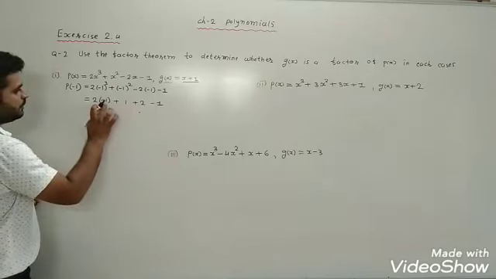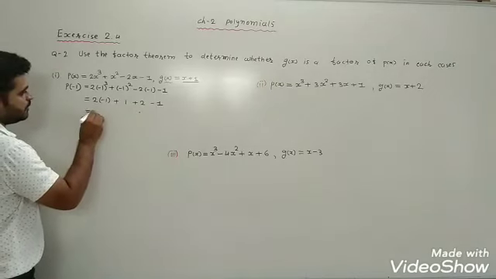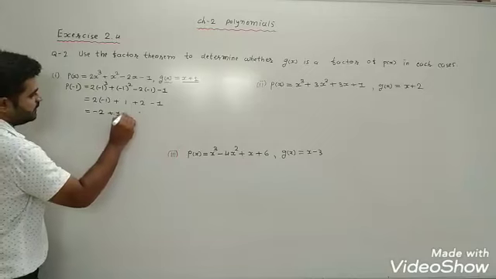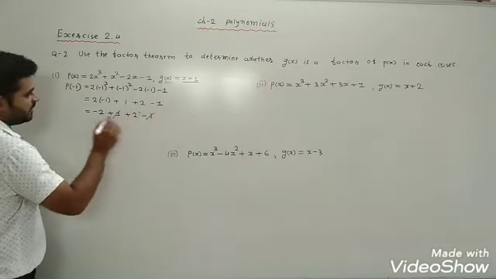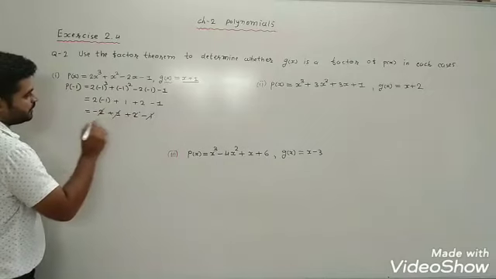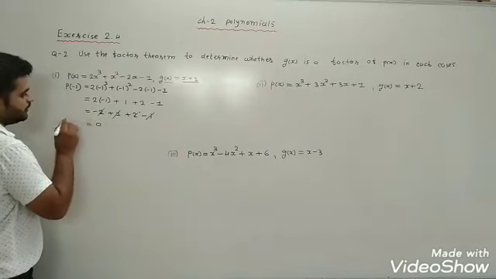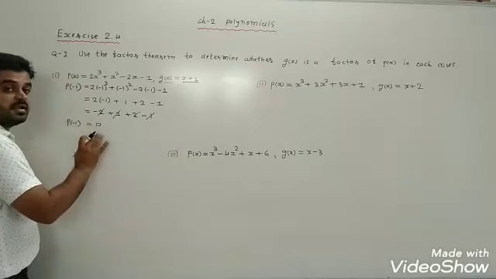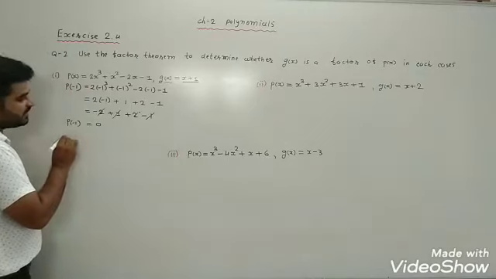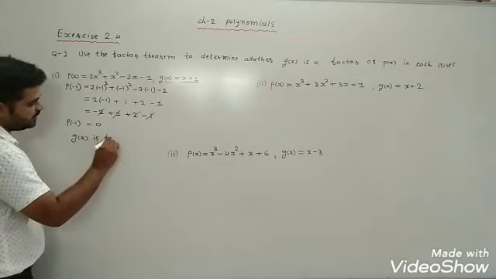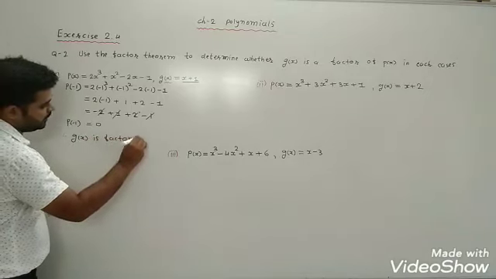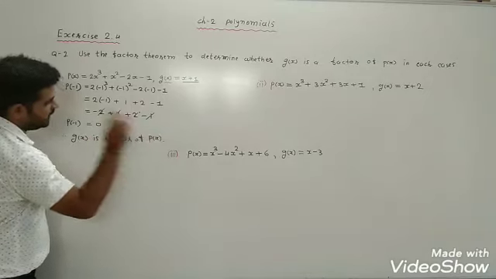Now we have minus 2 plus 1 plus 2 minus 1. The plus 1 and minus 1 cancel and minus 2 and plus 2 cancel, so the answer is 0. Here the remainder is 0. So we can say that g of x is a factor of p of x.